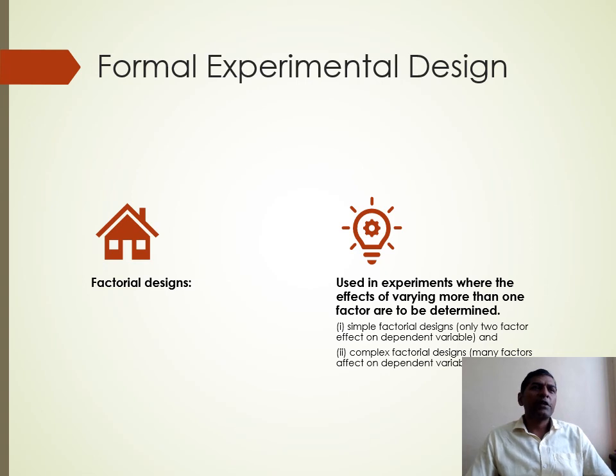Factorial design is again another type of formal experimental design. In this design, we'll be thinking of more than one external variable which is directly or indirectly affecting the experimentation, or dependent variables. If the dependent variable or experimentation is affected by the external variable, then definitely the output is going to change.